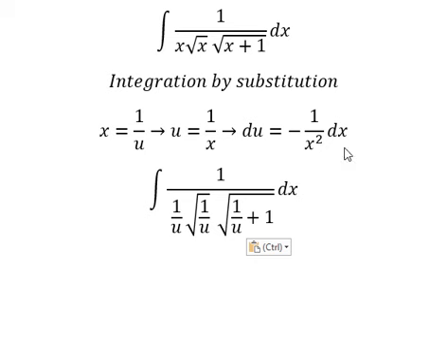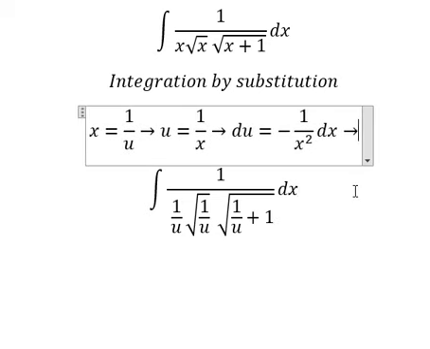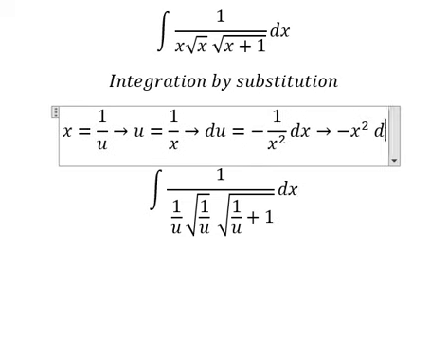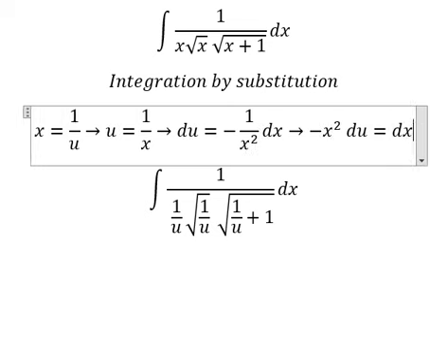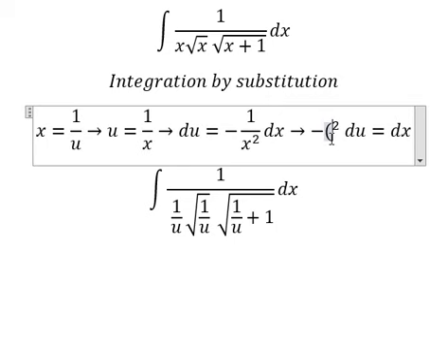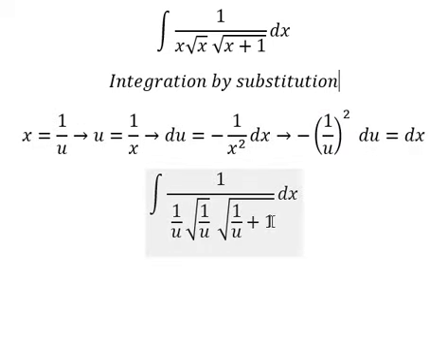About the s, so I will put negative s square to the left. And we know that s, that is about this one. So the s we change for this one.